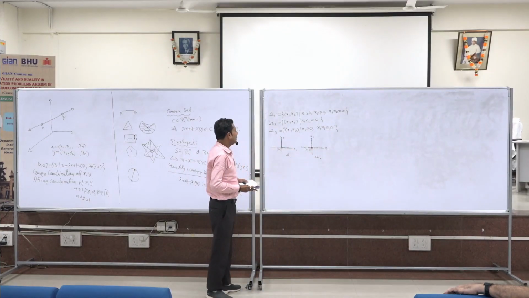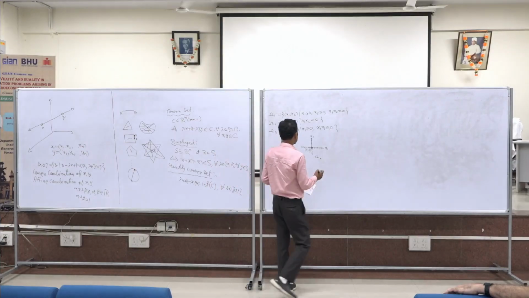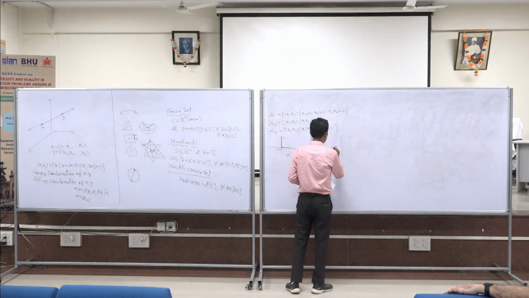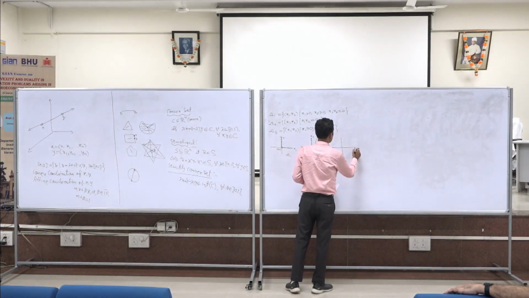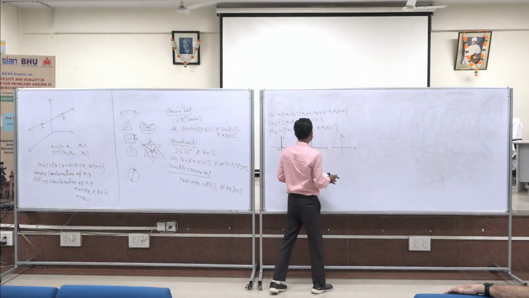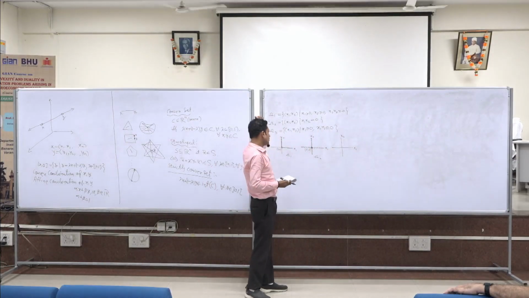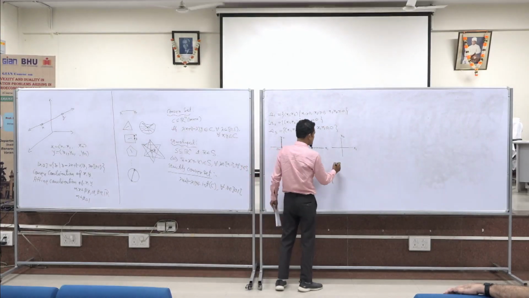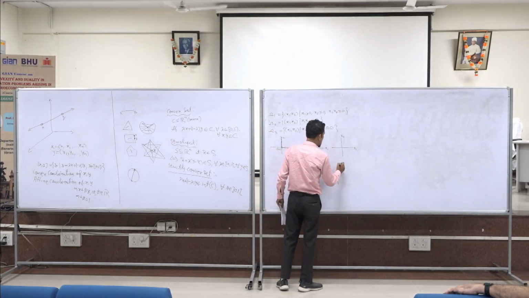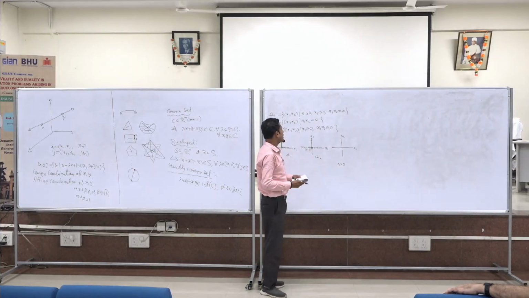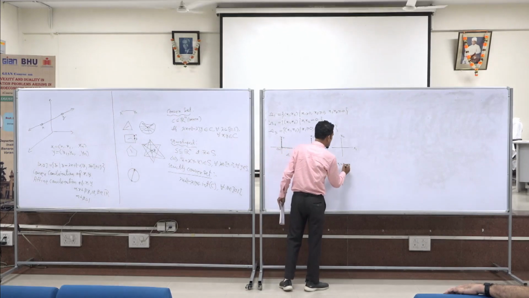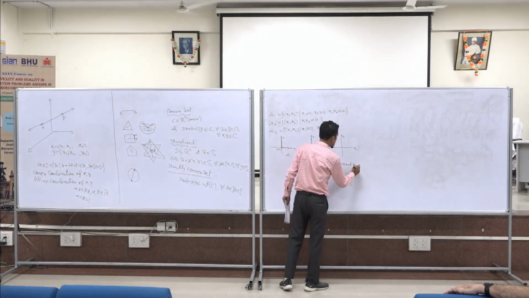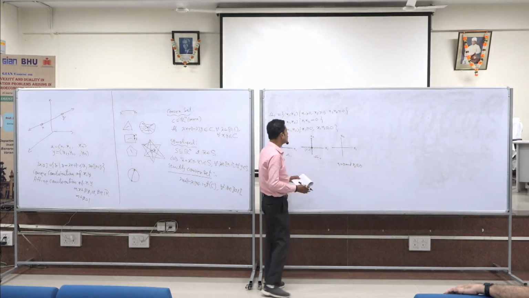Okay. And what about the third one? For the third one, we can see that x1 is greater than or equal to 0, so we have to break this into two parts. When x1 is greater than 0, what will happen? x2 will be less than or equal to 0.